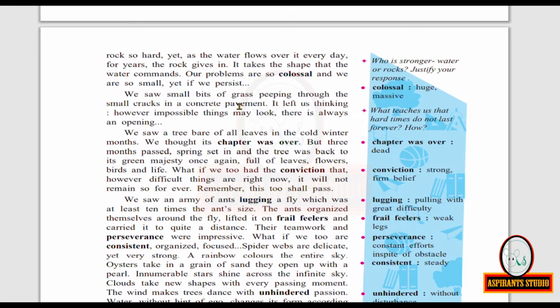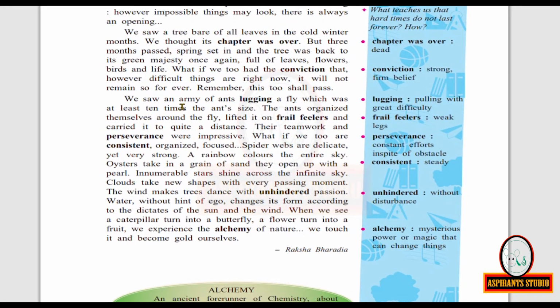We saw small bits of grass peeping through the small cracks in a concrete pavement. It left us thinking, however impossible things may look, there is always an opening. We saw a tree bare of all leaves in the cold winter months. We thought its chapter was over.